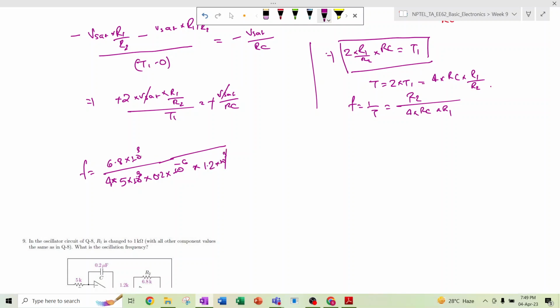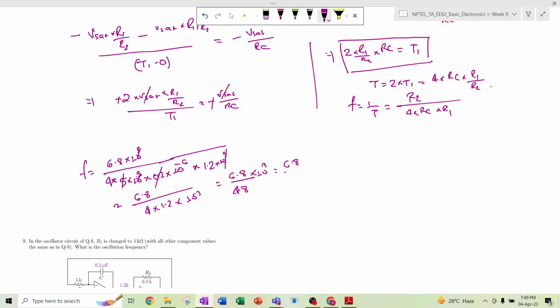So this thing cancels out. So it will be 6.8 into 5 and 0.2 makes 1. So that means 4 into 1.2 into 10 to the power minus 3. That means 6.8 divided by 4.8 into 10 cube.